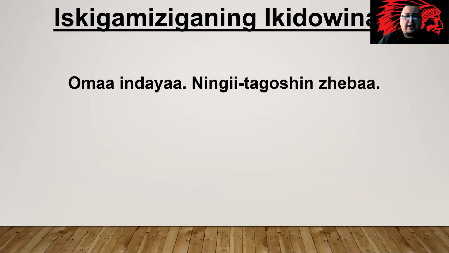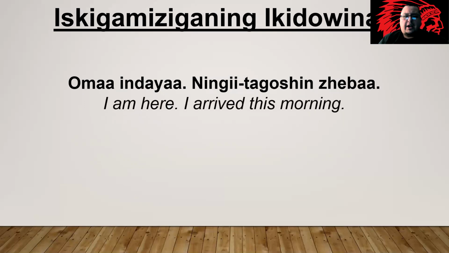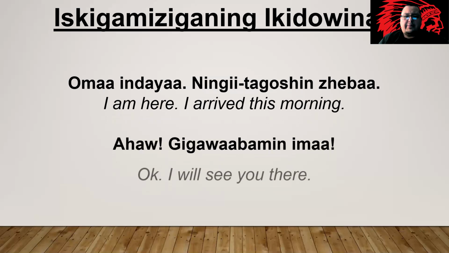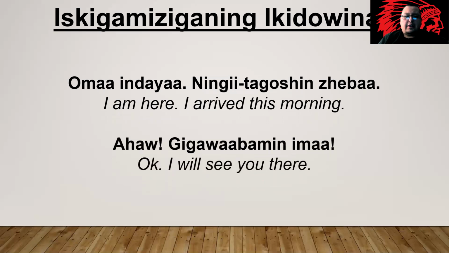We have Omandaya Ninge Tagoshin Ba. Okay, I'm here. I arrived this morning. Aha, Gigawabman and Ima. I will see you there. So maybe you're talking on the phone to somebody. And you're saying, Omandaya, Ningi Tagoshin Ba. I'm here at the Iskigamiziganing.